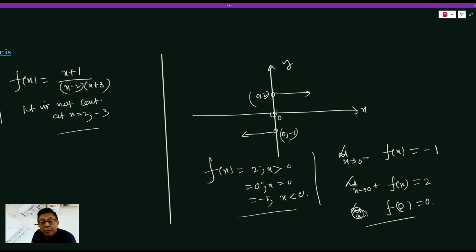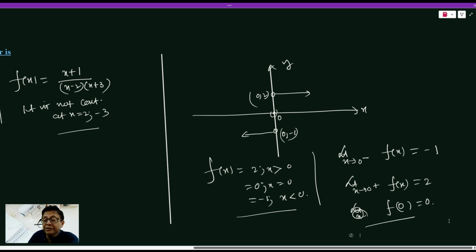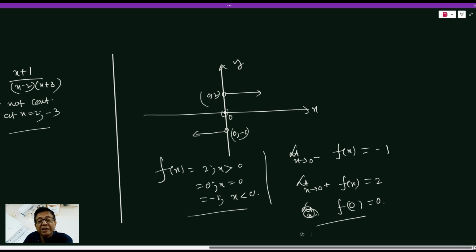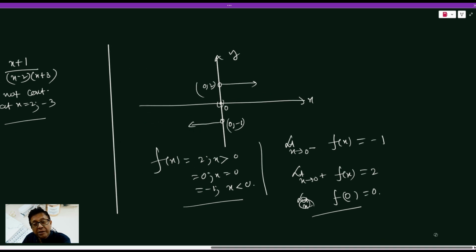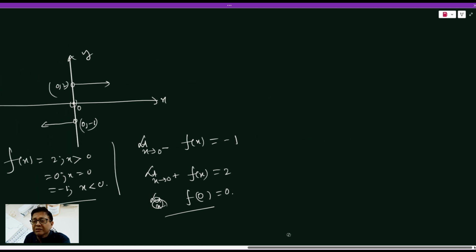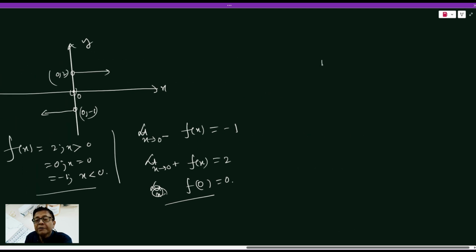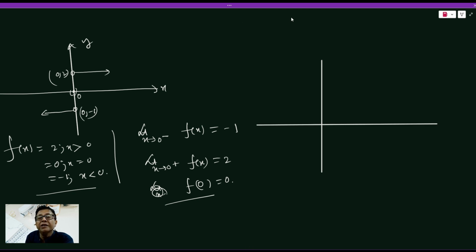But only existence of limit will not assure you the continuity of the function. Like if I show you this example here, say the graph of the function is like this.